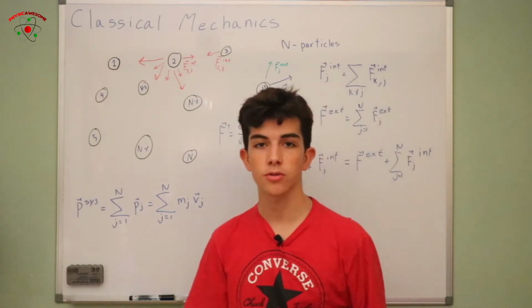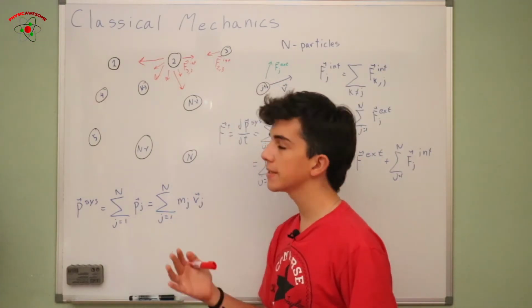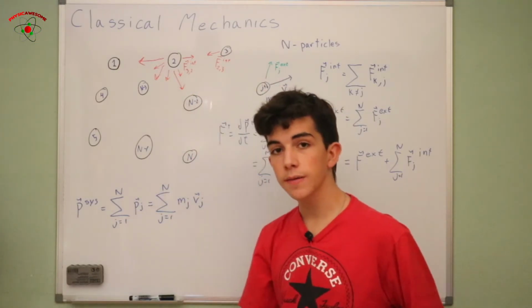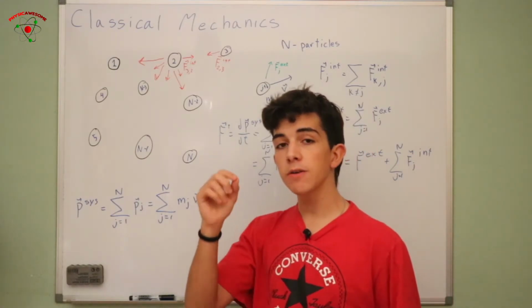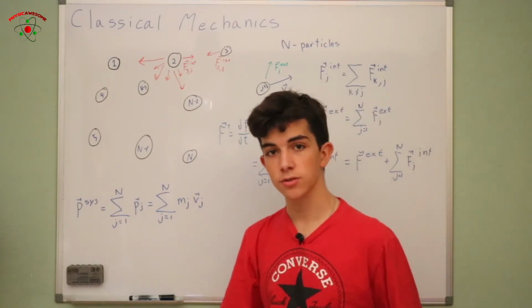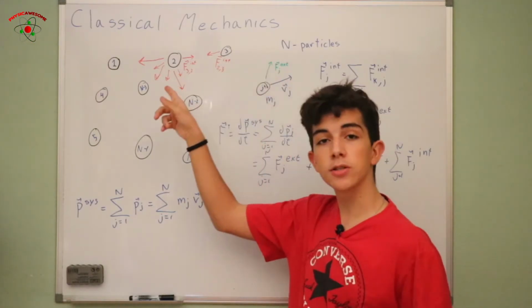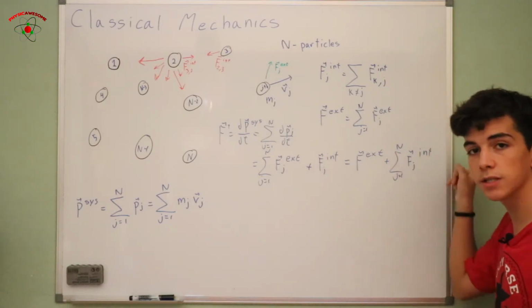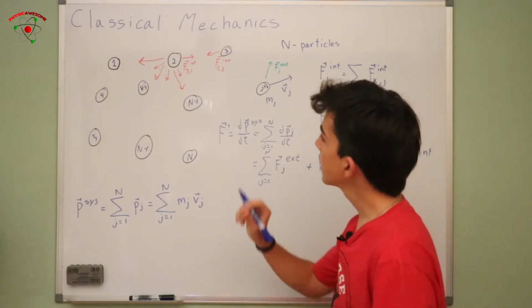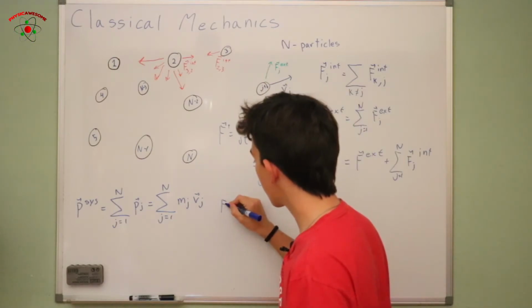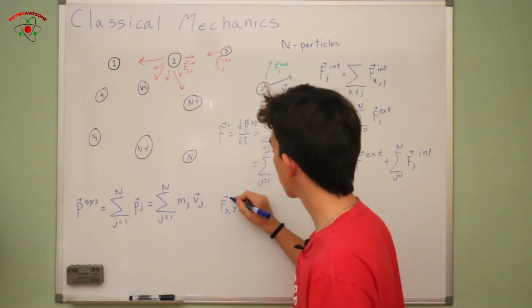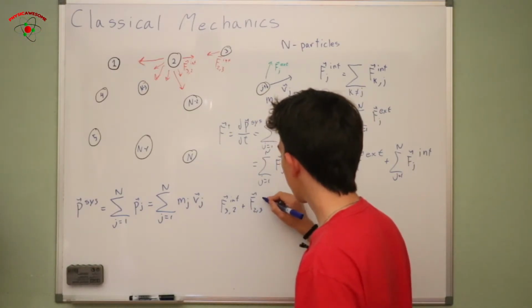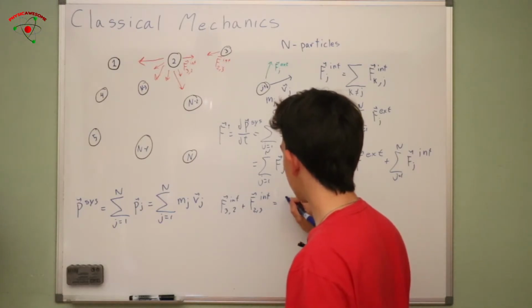That happens because F_32 and F_23 are really the same forces but in opposite directions, and that provides that momentum is conserved, and we'll see that that will mean that this sum is going to be 0. In general, we know that F_32 internal plus F_23 internal equals 0.